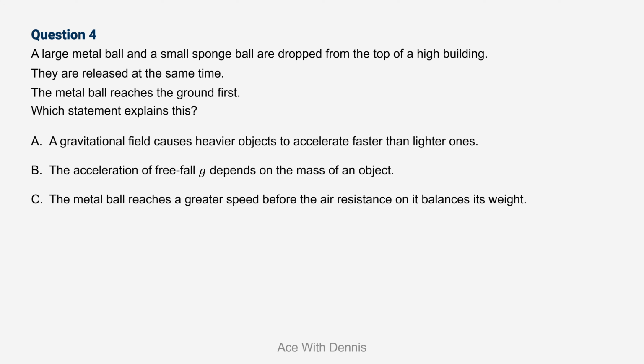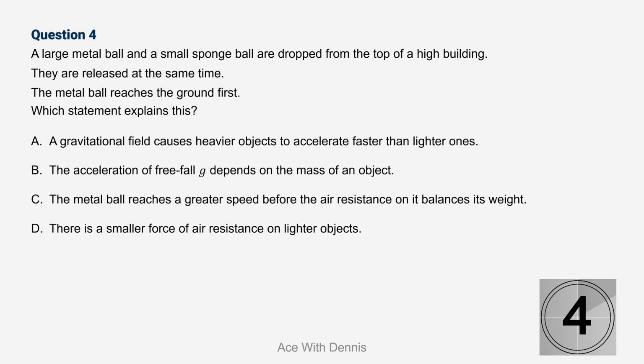C. The metal ball reaches a greater speed before the air resistance on it balances its weight. Or D. There is a smaller force of air resistance on lighter objects. The answer is C. The metal ball reaches a greater speed before the air resistance on it balances its weight.